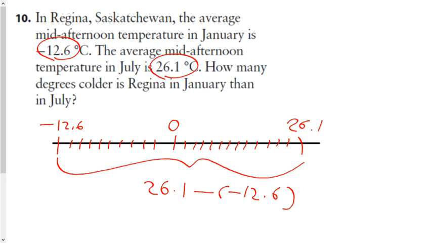But if I'm subtracting the difference between the high and the low, I'm going to keep flip change, and really what I'm doing is adding those together. And I'm going to get 38.7 degrees. So it's 38.7 degrees hotter in July than it is in January, or vice versa, colder.